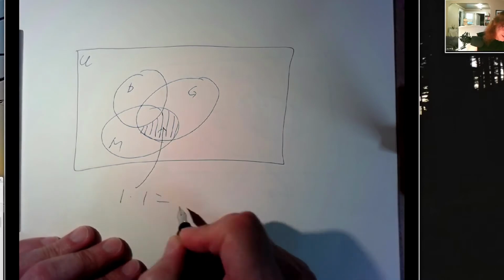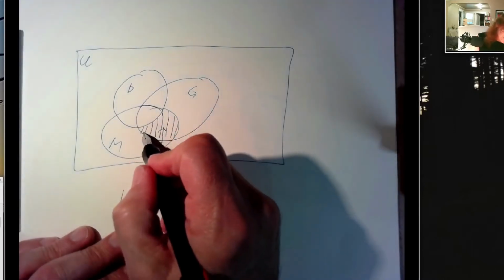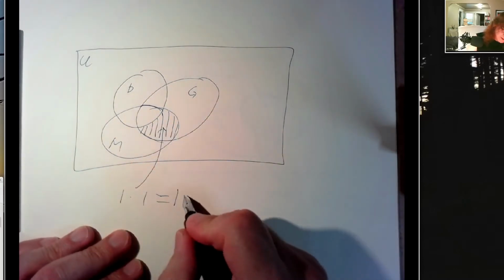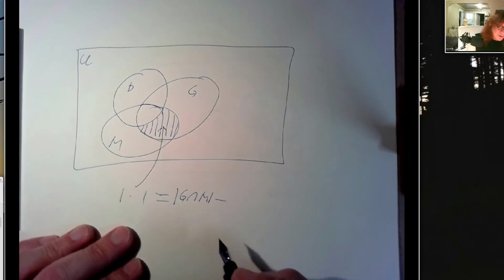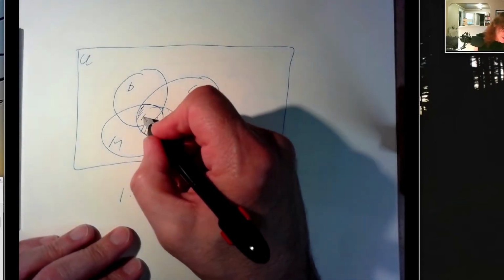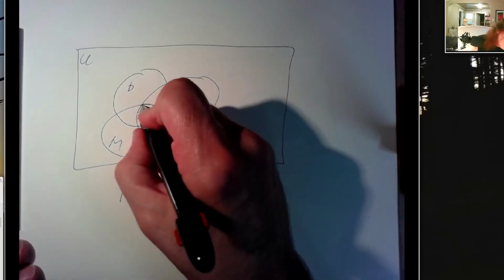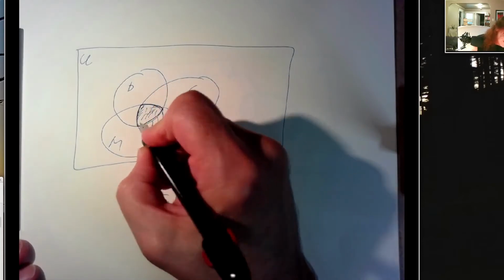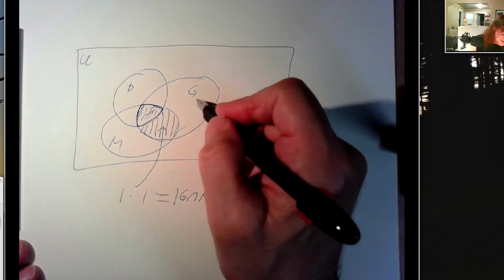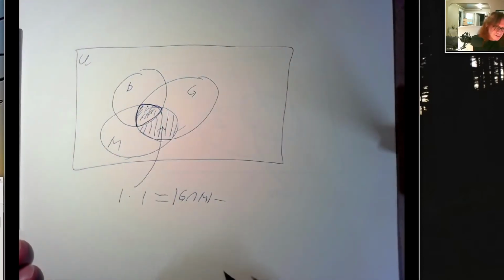And the cardinality of that, the number of things in that, will be the number of things in this bigger wedge, which is just G intersect M, minus the number of things that are in this piece right here, the number of things we want to throw away. Well, what is this funny three-sided shape right here? This is the intersection of D and G and M. The stuff in here is exactly the stuff that's in all three of those sets.